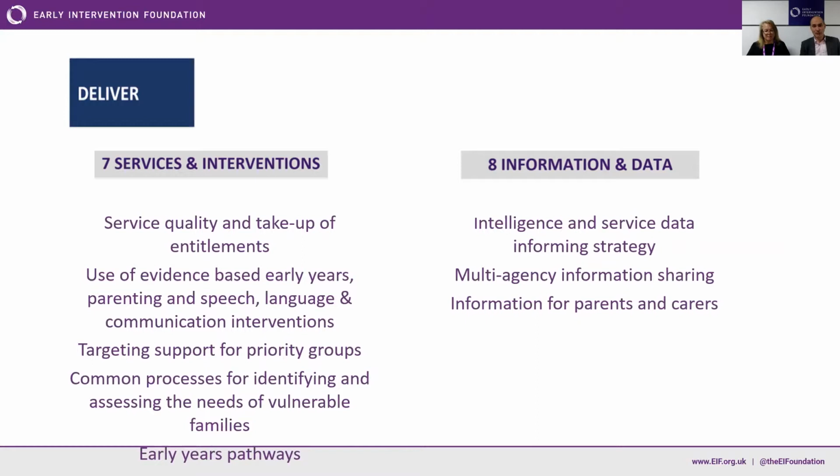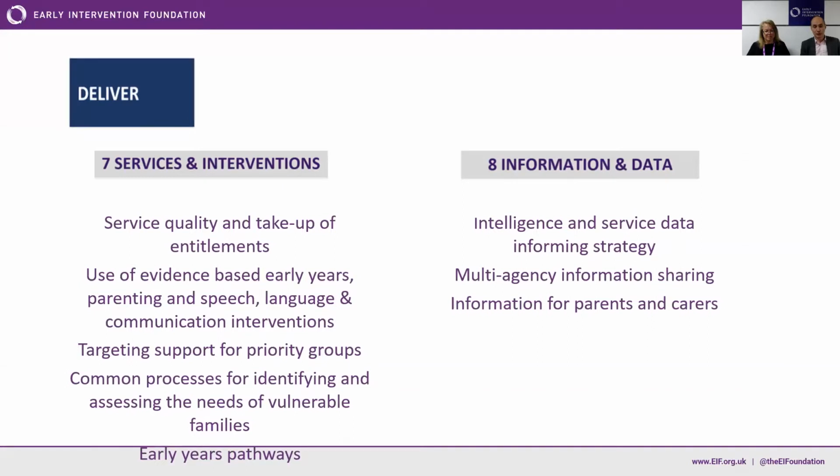It looks at how much evidence-based interventions are part of the local offer, both as part of the wider early years system, and particularly on parenting and speech, language, and communication. So is there investment in interventions that have shown that they can work elsewhere? And is there a good understanding about how they're working in the local place?